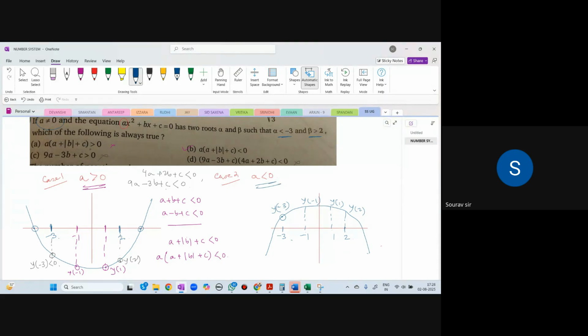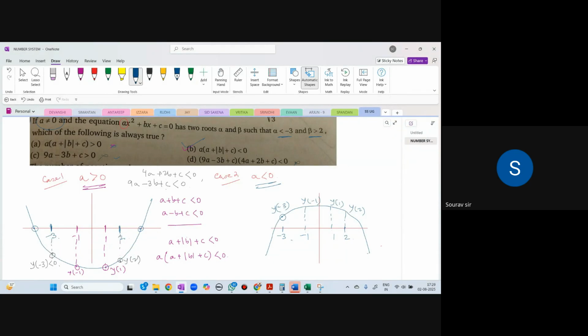So the first one is y of +1 and y of -1. Both are positive values into a, which is negative. So the product has to be negative. So this is not correct. So this one is correct again. And y of -3 is positive here, and the product of these two is positive again, because both are positive.